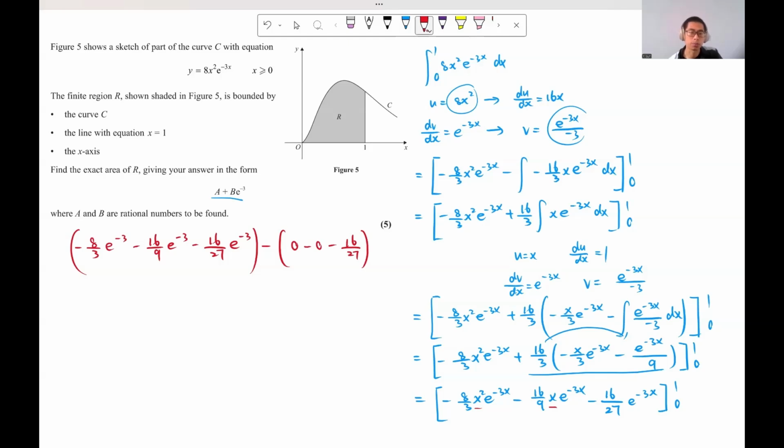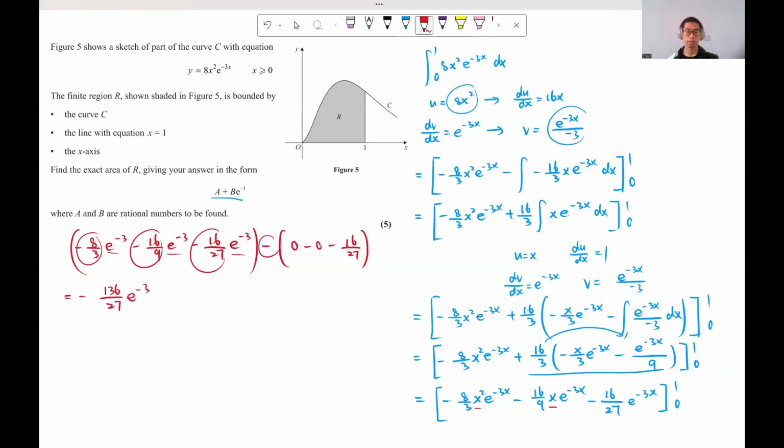Now if we simplify this, for the first half I will just combine those numbers because they're all in terms of e to the power negative 3. So negative 8 over 3 minus 16 over 9 minus 16 over 27 will give us negative 136 over 27 e to the power negative 3.